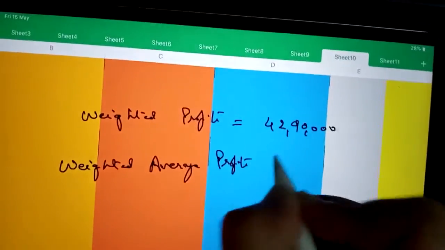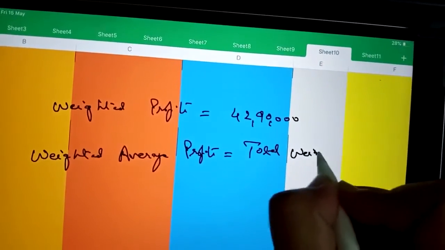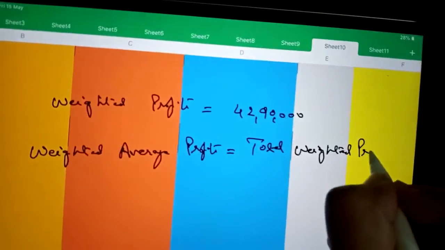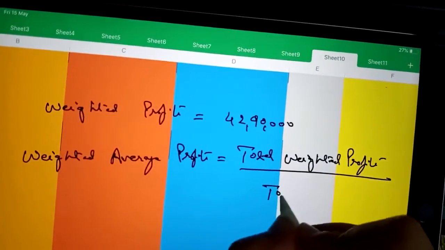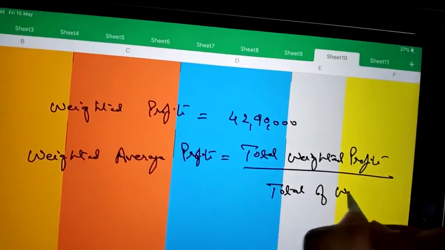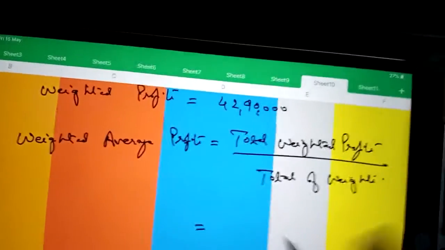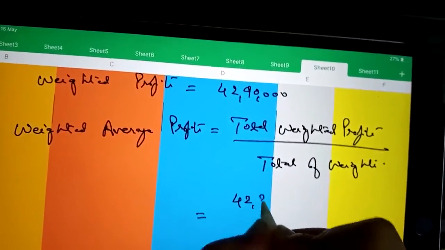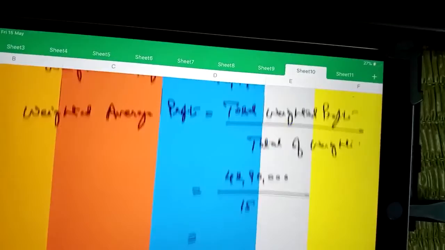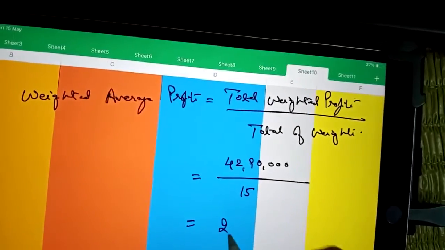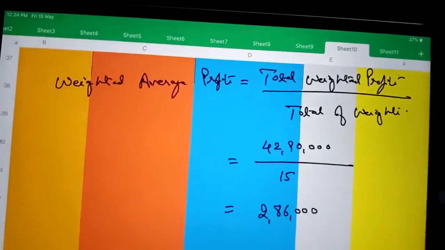Weighted average profits is equal to total weighted profits divided by total of weights. So here total weighted profits 42,90,000 and total of weights is 15. So the answer comes 2,86,000.